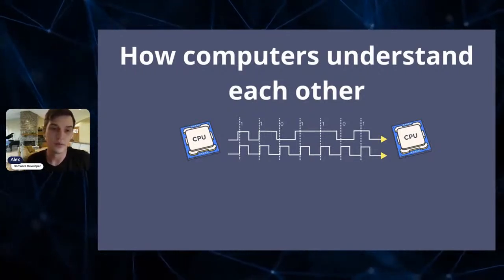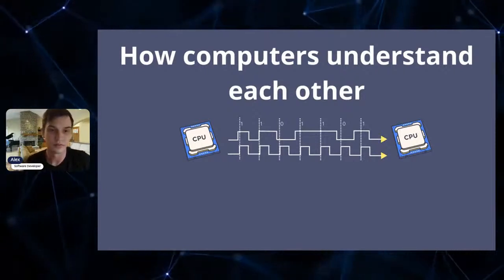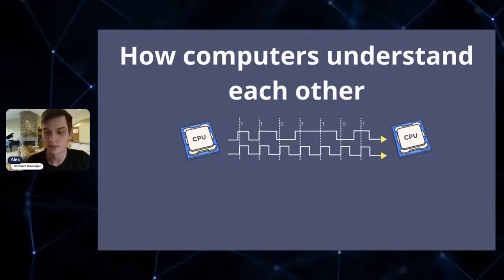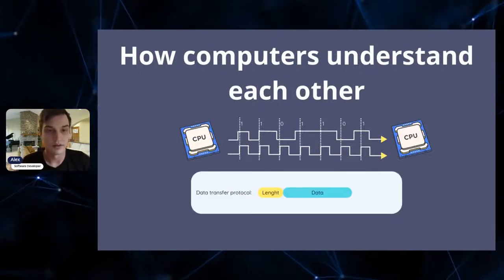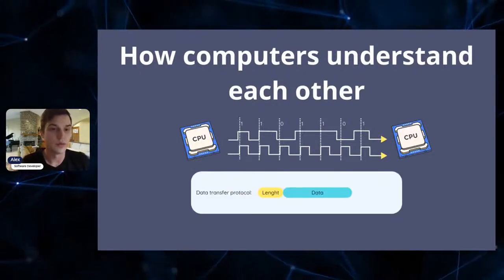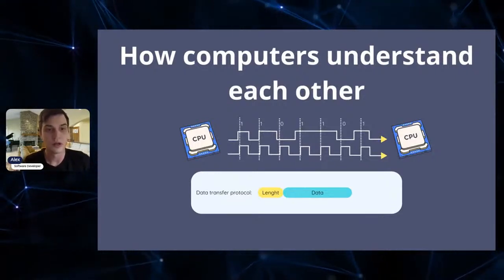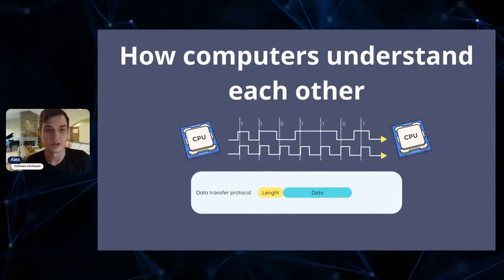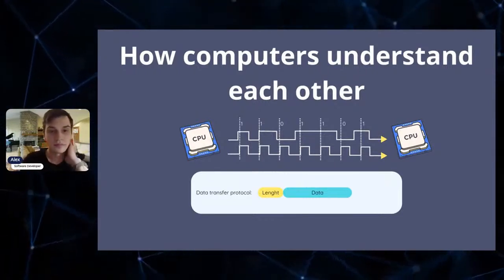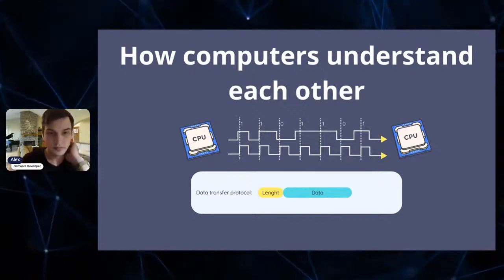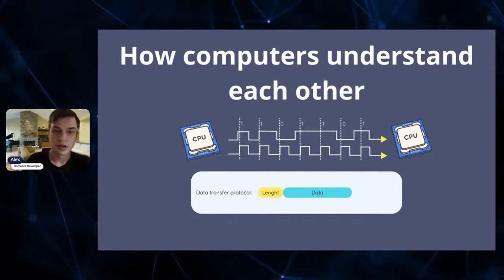But when will the second CPU understand that it needs to stop listening and process the data it received? Here come the data transfer protocols. To make the second CPU understand when to stop, we first need to tell it the length of the message it will receive from the first CPU. So we put a length into our message.